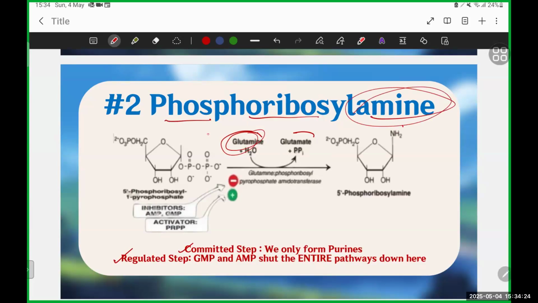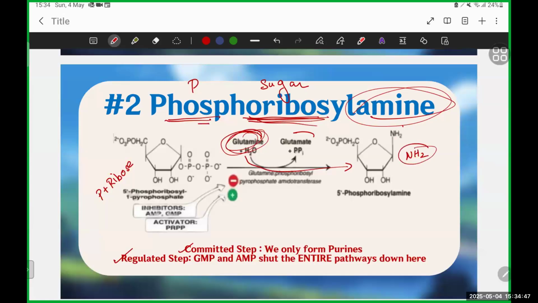The amino group. Phosphoribosyl, if you break the name down, you get it. Phosphoribosyl sugar, because we said that PRPP was an activated form of ribose, so it was P plus ribose. Now you took glutamine and then you added the NH2 group here, right?